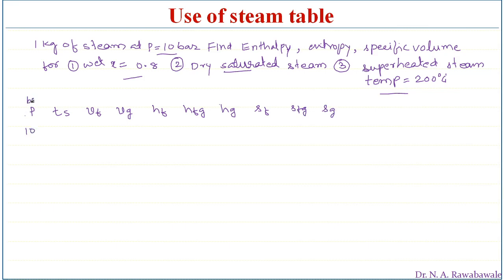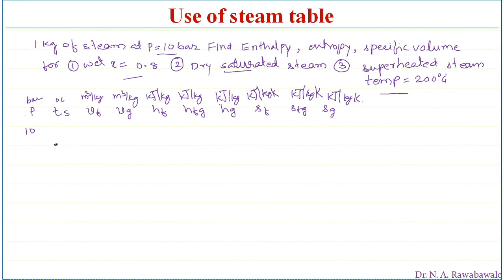Pressure is in bar, temperature is in degrees Celsius, specific volume is in meter cube per kg, enthalpy is in kilojoules per kg, and entropy is in kilojoules per kg Kelvin.